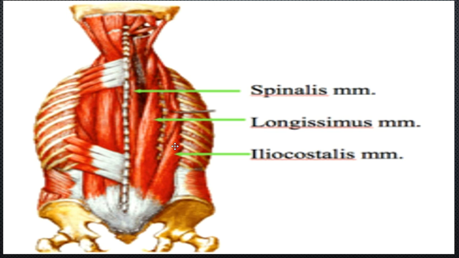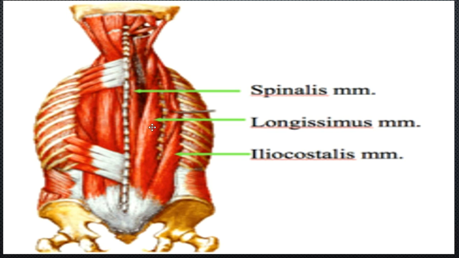Along its entire length, the iliocostalis separates into the iliocostalis lumborum, thoracis, and cervicis. Here is the lumborum, here is the iliocostalis thoracis, and here is the iliocostalis cervicis.